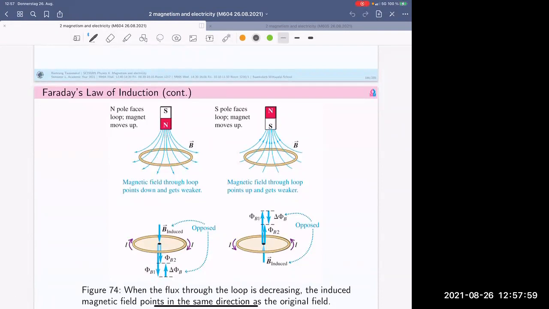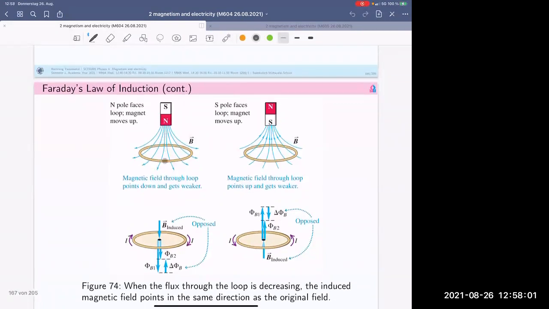It's going to have less impact on the conductor, right? Here, at the first state, you have phi B1, magnetic flux with quite a long vector, and after that, you move it out of the conductor, and you get a smaller amount of magnetic flux, represented by the shorter vector here, phi B2.